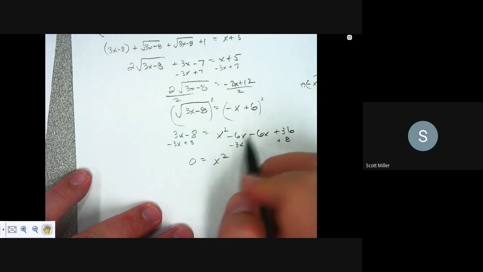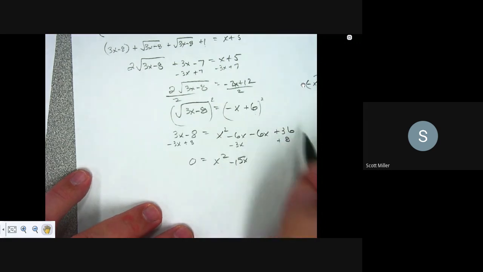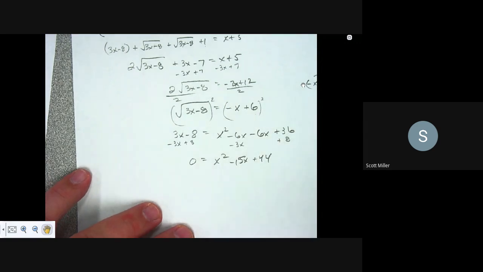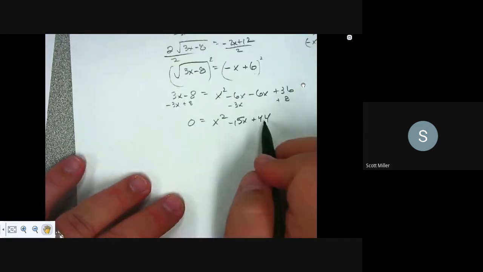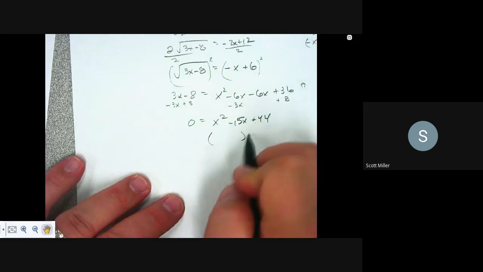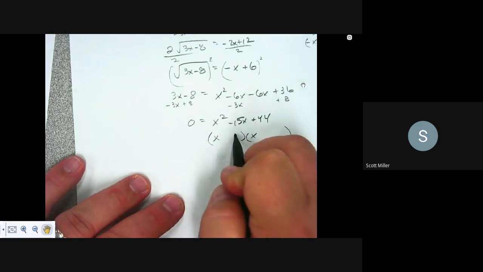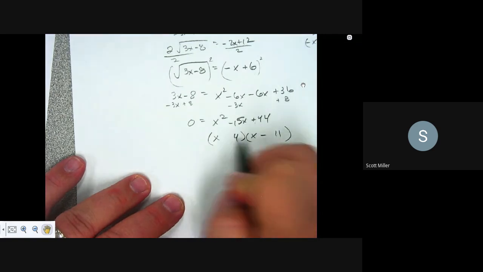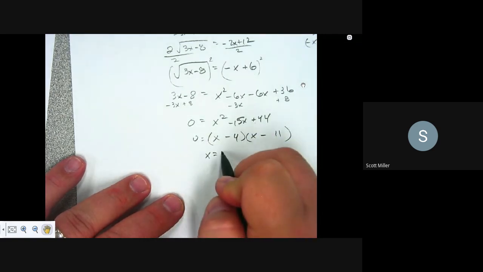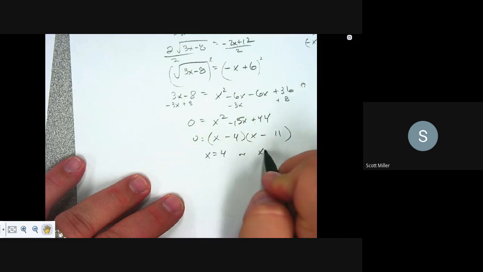That's negative 12, negative 15x. And this plus that looks like 44. Okay? So we need to find numbers that multiply to give me 44 and add to give me 15. Hopefully you saw that very quickly. That's 4 and 11, and they're both going to be minuses. That means x could be a 4 or x could be an 11.